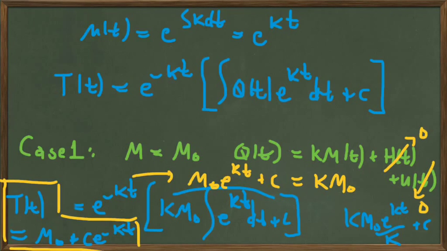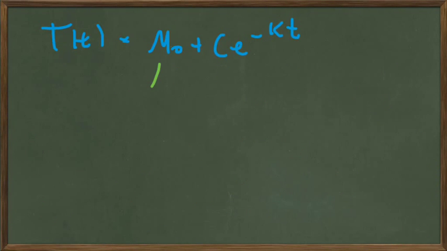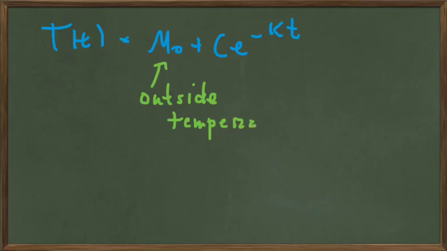So on the next blackboard, if we pick that up and find the constant c, and remember that M0 was our outside temperature, or in some cases we would call it our surrounding temperature, in the case that we're bringing a cold liquid into a room, then M0 would be the room temperature.